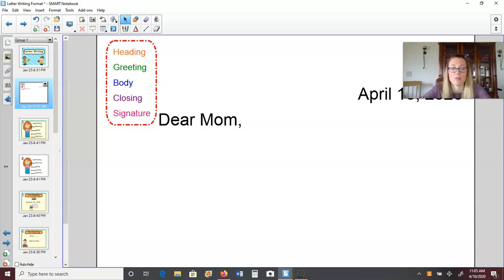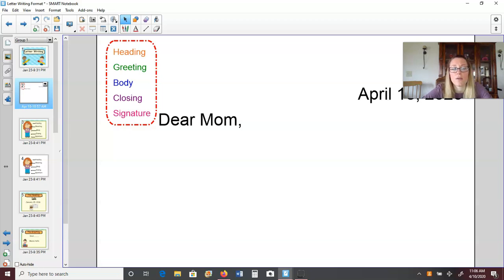Now we get to the body of our letter, and this is where the bulk of our writing should be. This is where we are sending the message to the person that we are writing our letter to. So remember, this is a thank you for a special gift that maybe you have received just this past weekend for Easter, or a springtime gift.